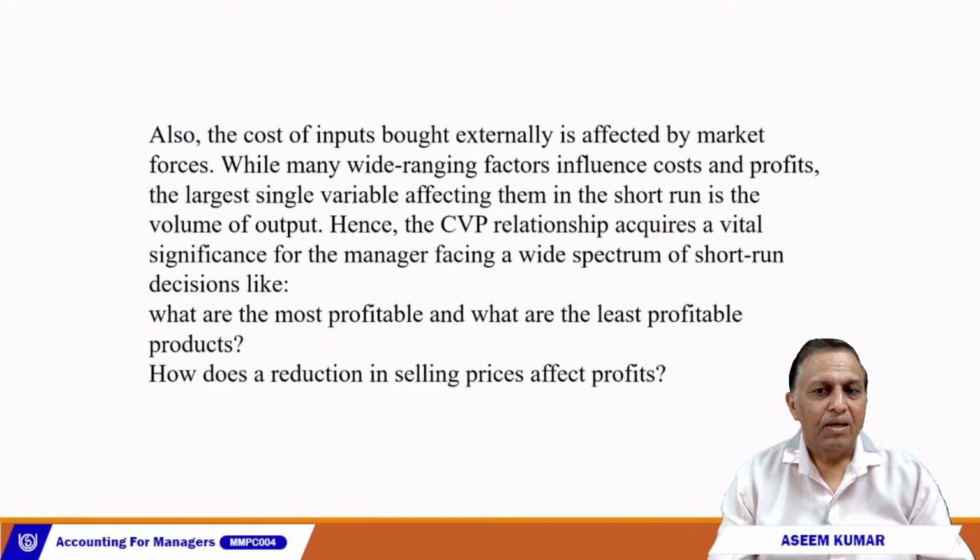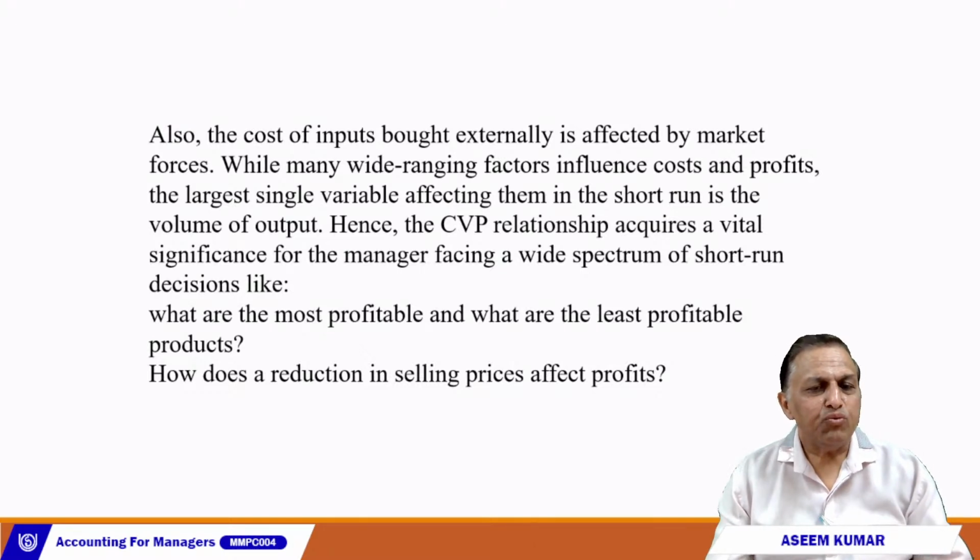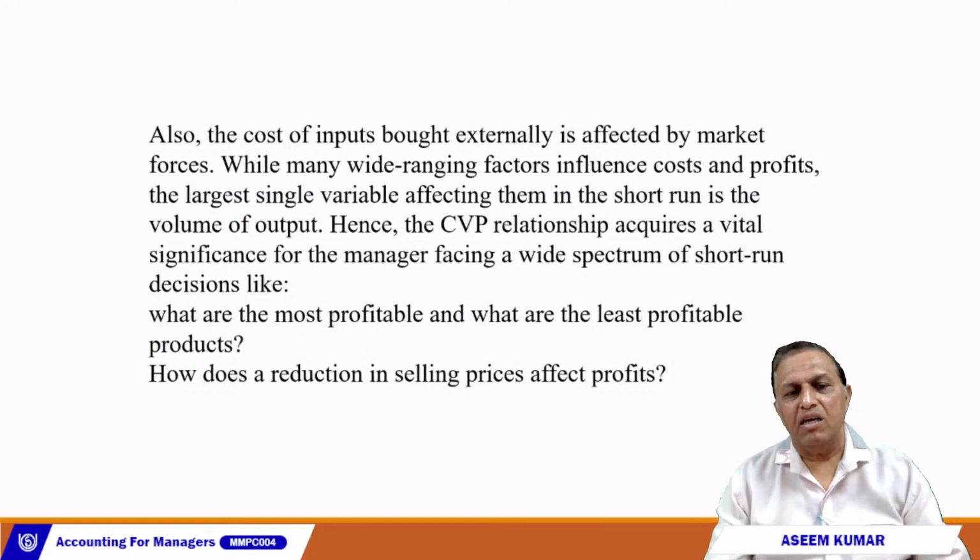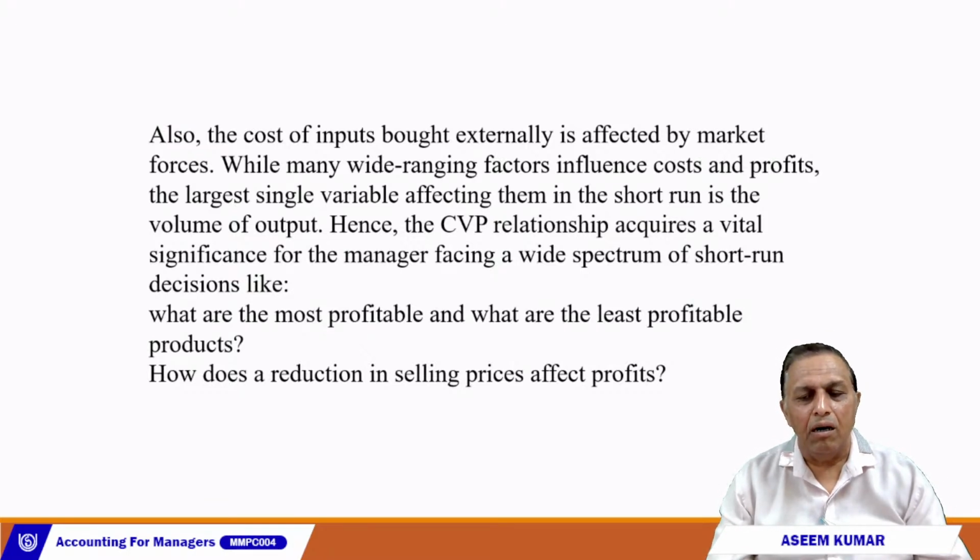When we are talking about the CVP relationship amongst the components, we need to know about certain short-term decisions also. We need to face this wide spectrum of short-term decisions, like what are the most profitable and what are the least profitable products. Friends, once we know that a product is profitable and earning the maximum profit, definitely we would like to continue it.